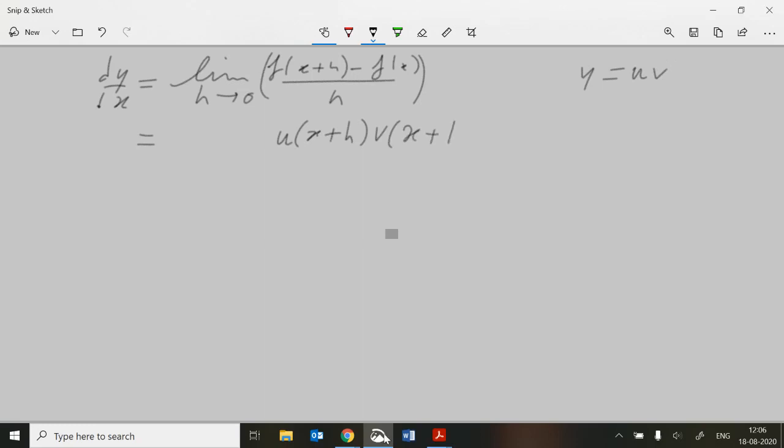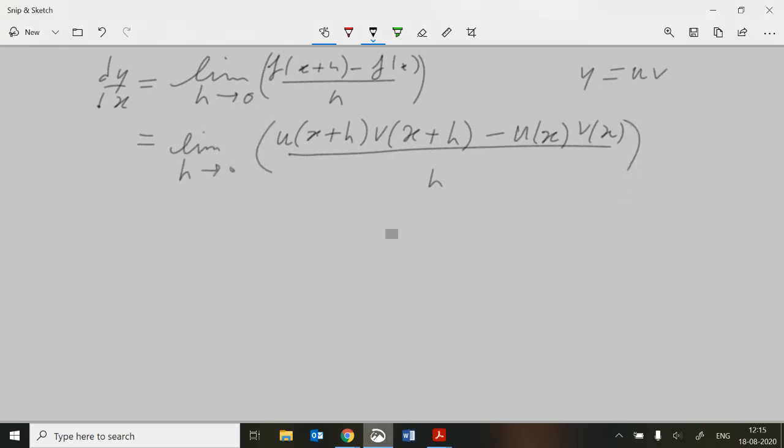So there's our product of the two functions, giving us our original function, which I'm calling y rather than f of x. Take away u of x, v of x, and all divided by h, and this is the limit as h tends to 0.